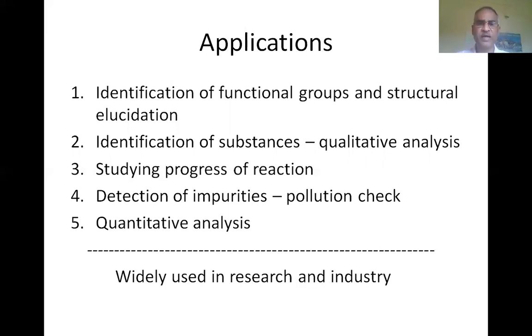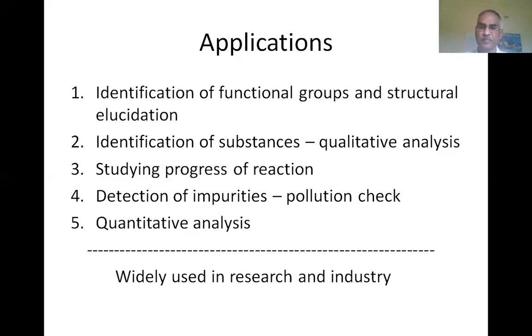And since we could identify the functional groups in the compound, we can very well do qualitative analysis. And reactions also, the progress of a reaction, that means kinetics, can also be studied. And then a pollution check can also be done.